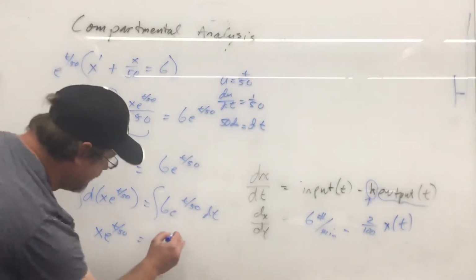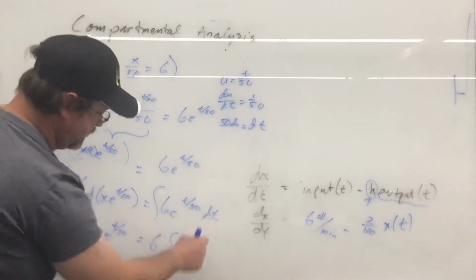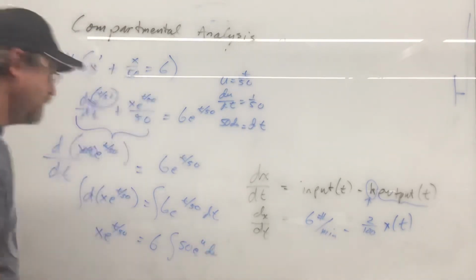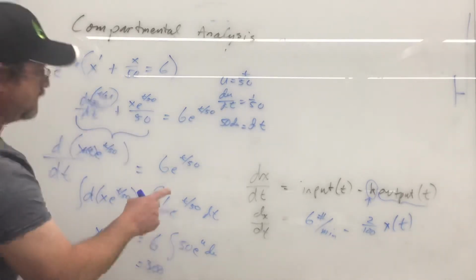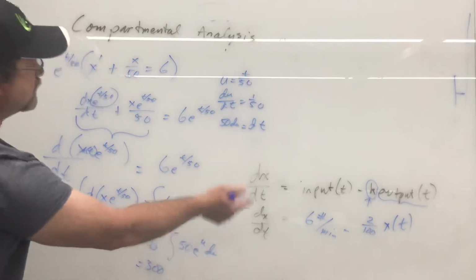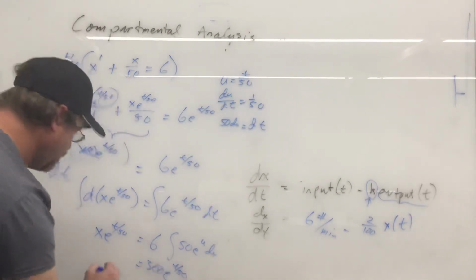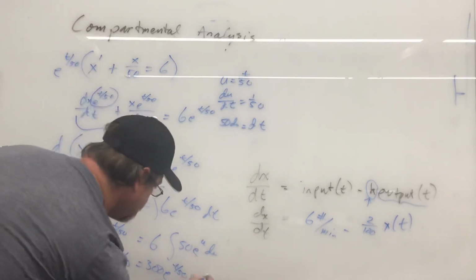So that tells me that a 50 is going to show up here, replacing dt, and I'm going to have 50 e to the u du. 50 comes on outside, so I have 300 e to the u du, which integrates as e to the u, so that's e to the t over 50. So now I have that, of course, plus c.